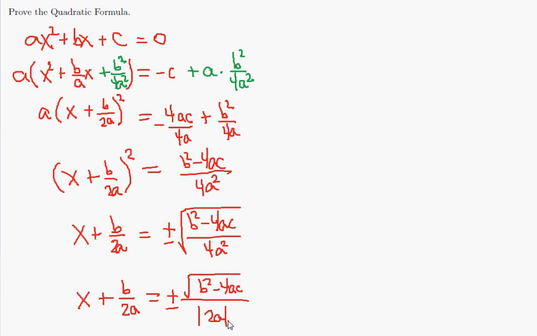So we have the absolute value there to force the square root of 4a squared to be the positive part of the number. Now this is a technicality because we have plus or minus, and so because both possibilities are accounted for here, on the next line I can ignore the absolute values.